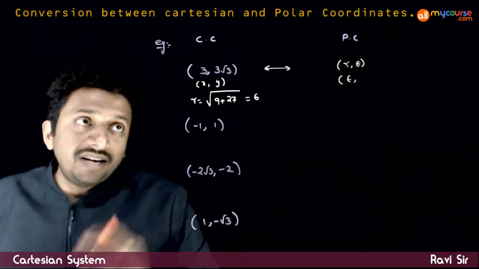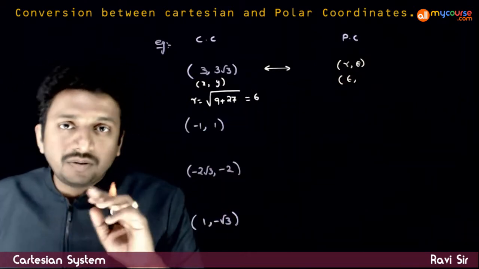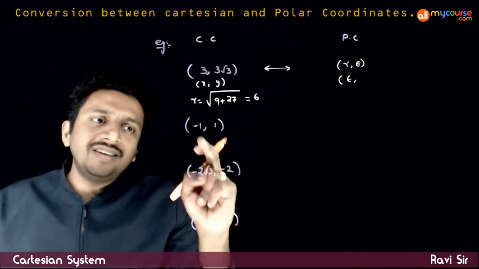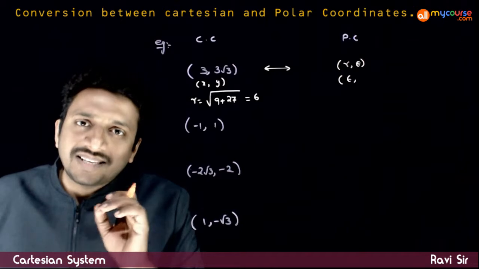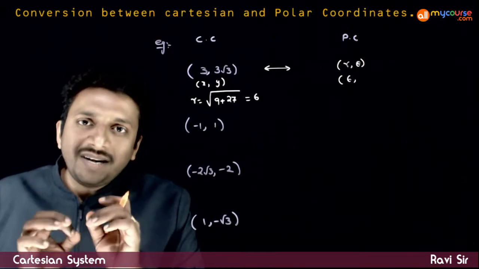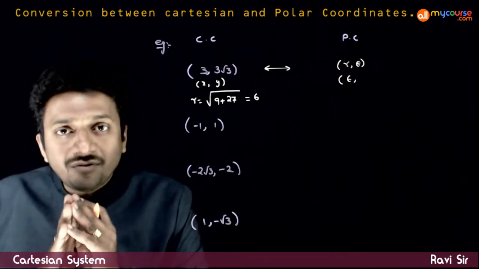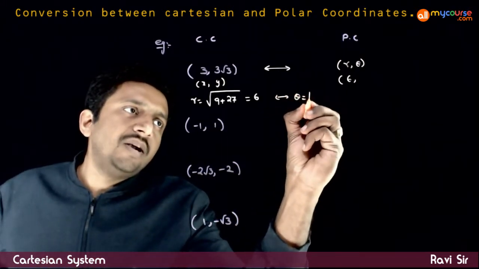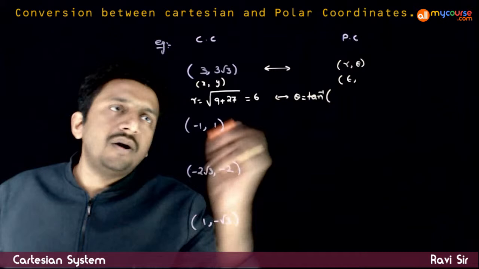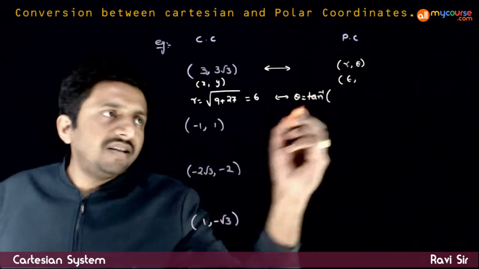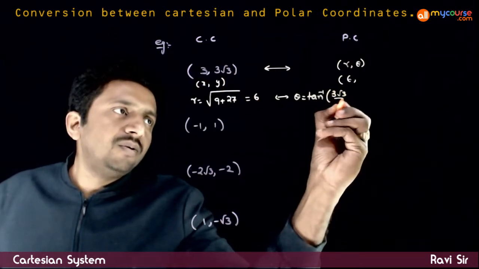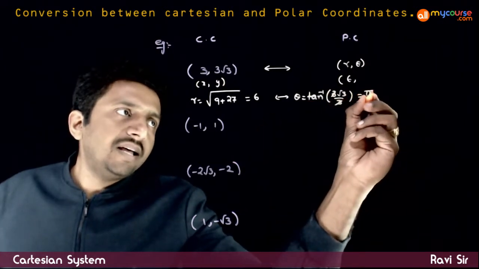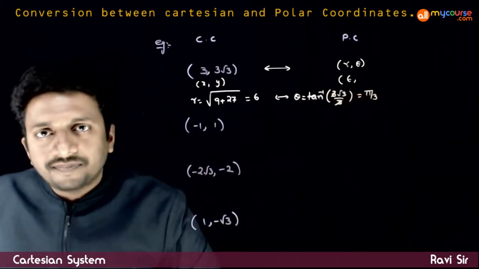Now you are asked to find the theta also. So theta is a two-step process. First, irrespective of what the signs of the x and y coordinates are, find theta is equal to tan inverse of mod y by x. So theta is equal to tan inverse of 3 root 3 by 3. And tan inverse of root 3, you get an angle in the first quadrant.